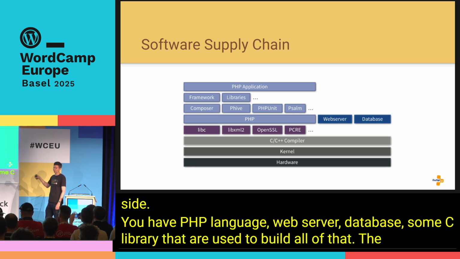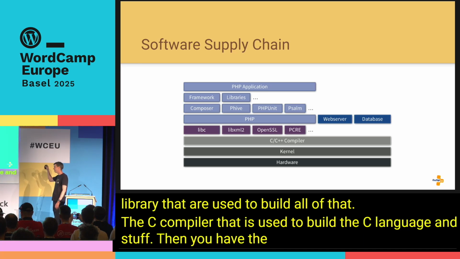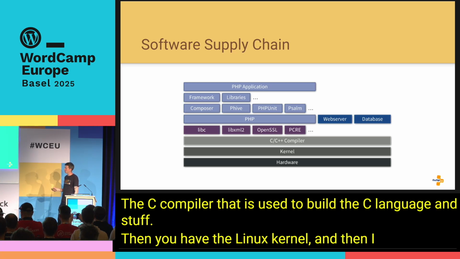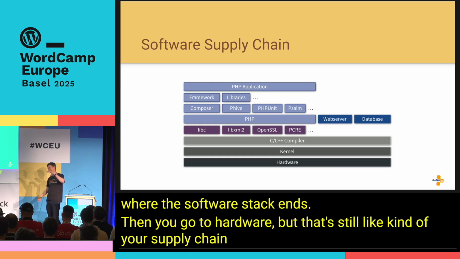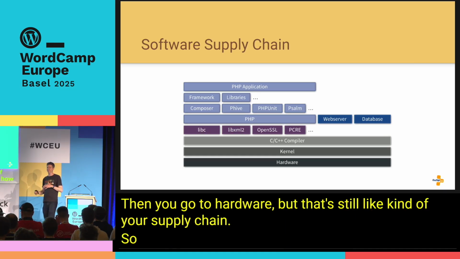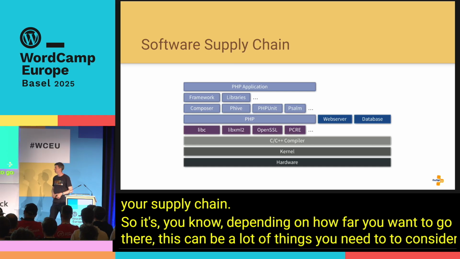The C compiler that is used to build the C libraries and so on. Then you have the Linux kernel, and I guess that's where the software stack ends. Then you go to hardware, but that's still kind of your supply chain. So depending on how far you want to go, this can be a lot of things you need to consider when you're talking about security.